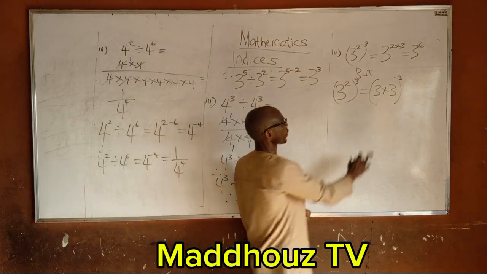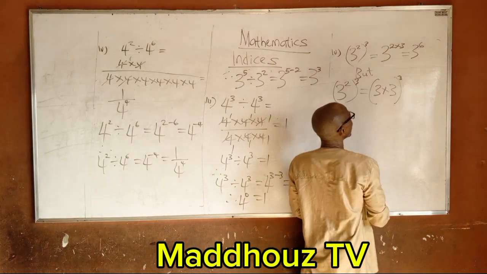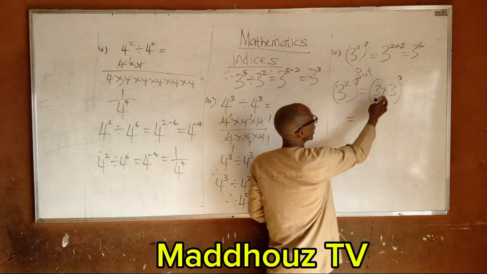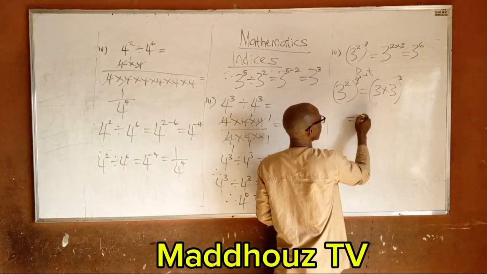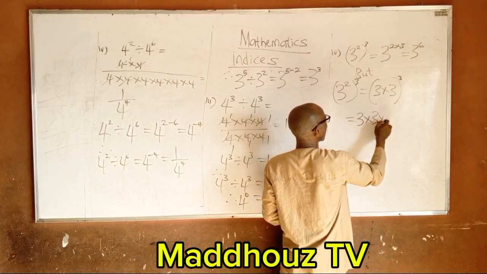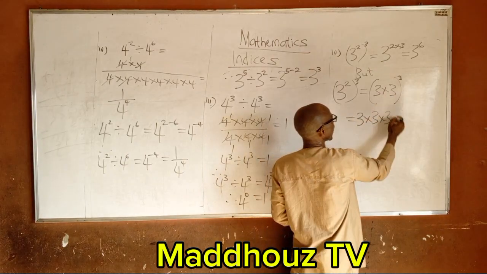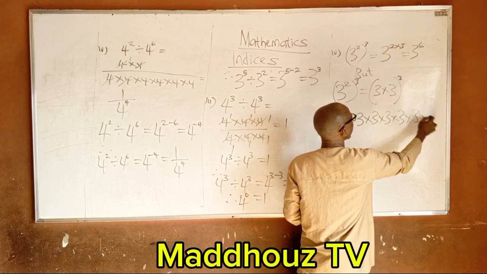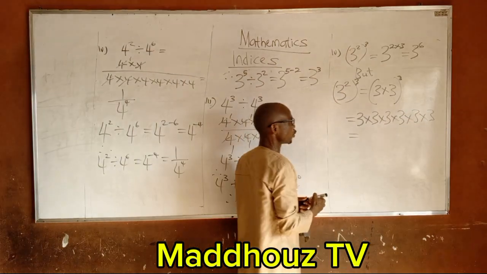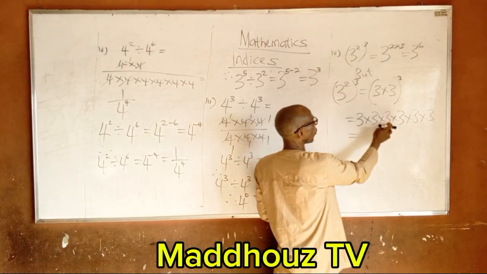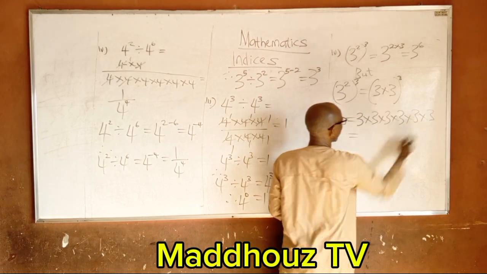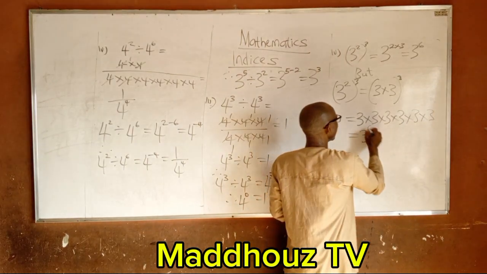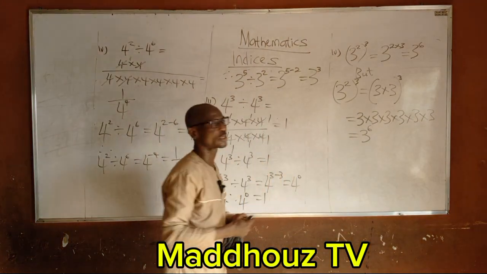So if all of them are raised to the power of 3, each of them raised to 3 gives you 3 times 3 times 3. This one again, 3 times 3 times 3. So how many do we have? 1, 2, 3, 4, 5, 6. So we now have 3 raised to the power of 6.